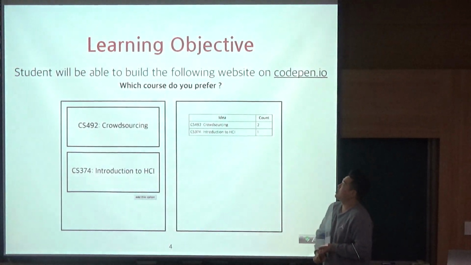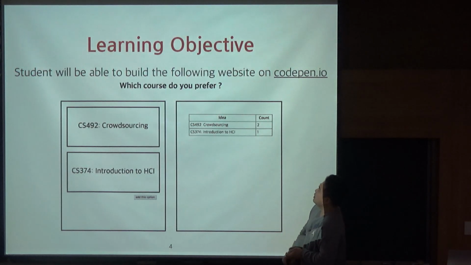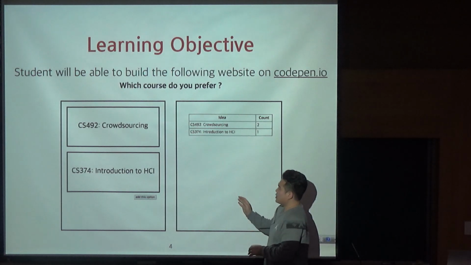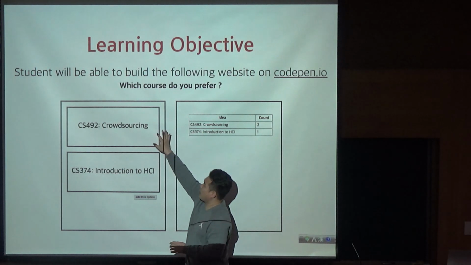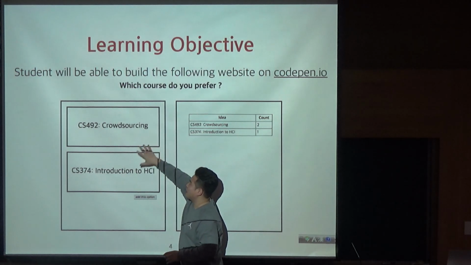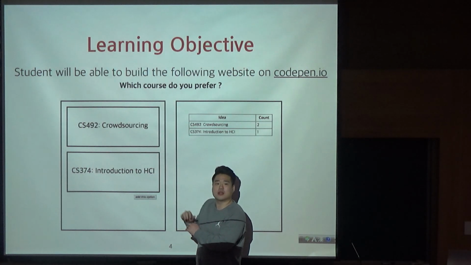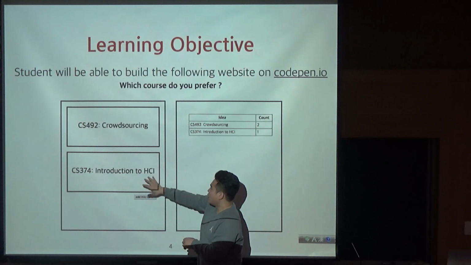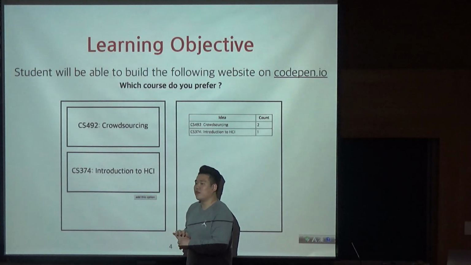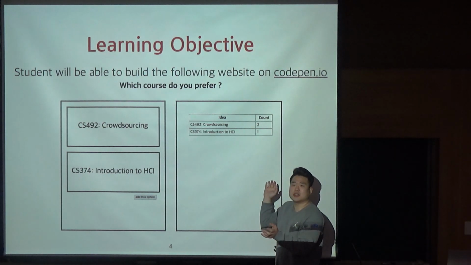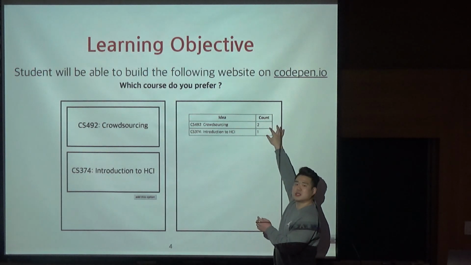So this is our learning objective today. Students will be able to build the following website on codepen.io. Let's say if I click one of these options, and these options are randomly given. If I click this 374, then one of the counts will be increased. This is basically the click count.